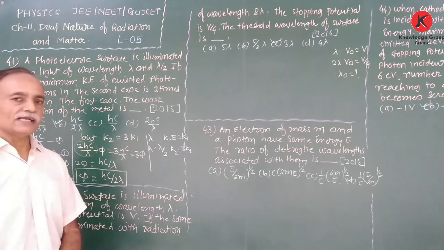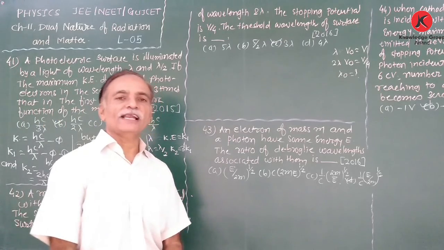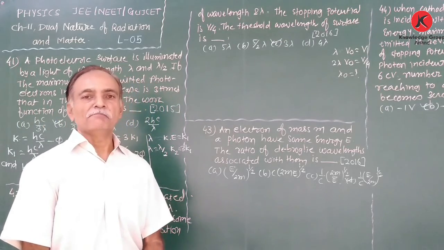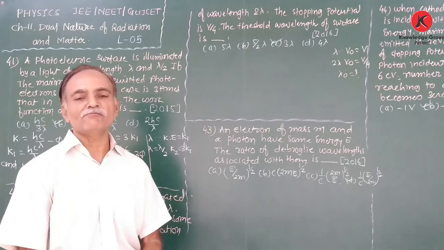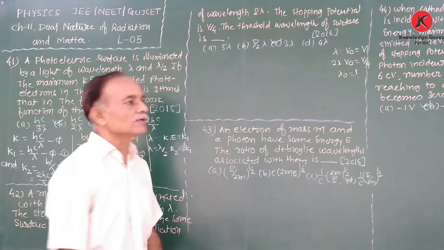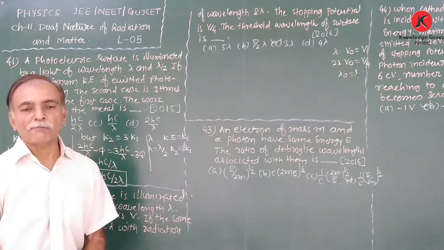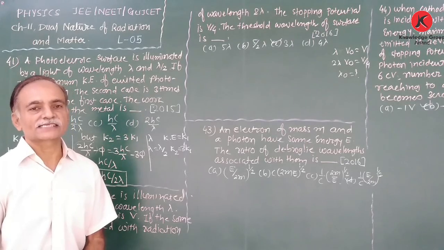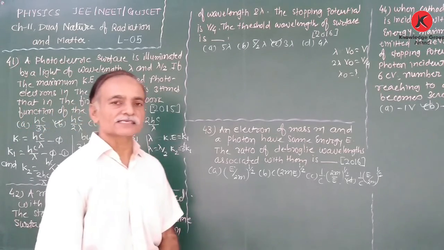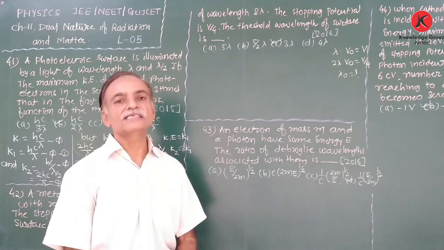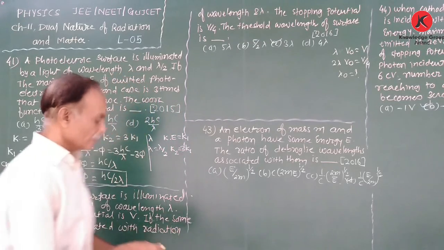Again we know Einstein's photoelectric equation: maximum kinetic energy, half mv squared maximum, is equal to hf minus hf0, which is hc upon lambda minus hc upon lambda0, equal to eV0.